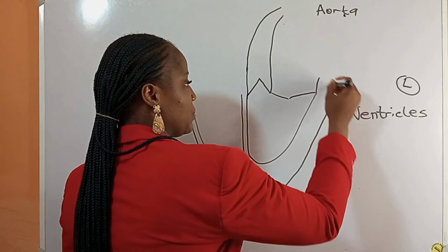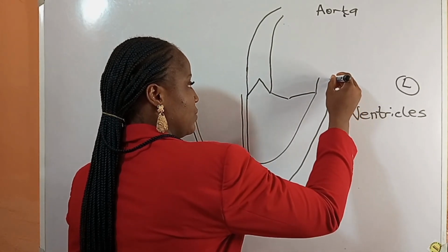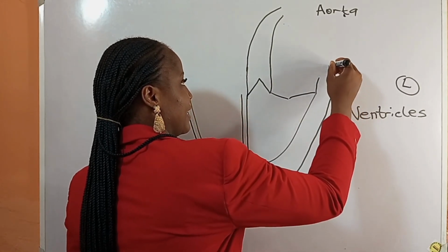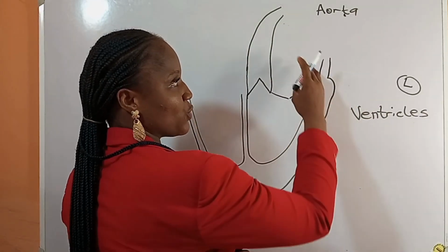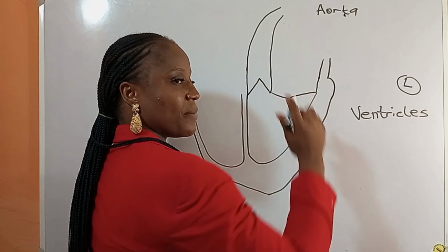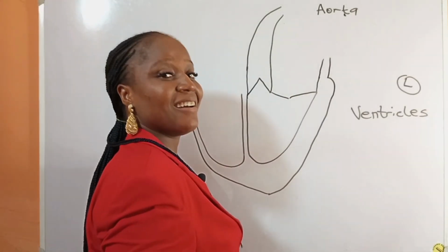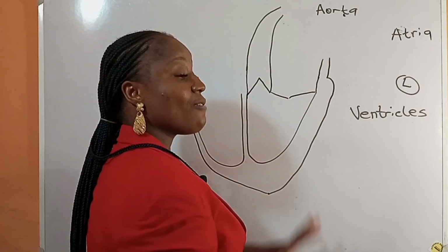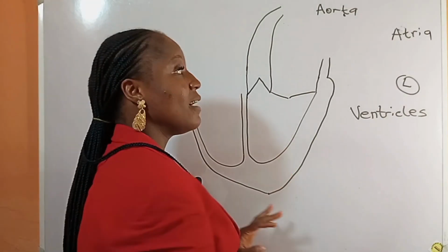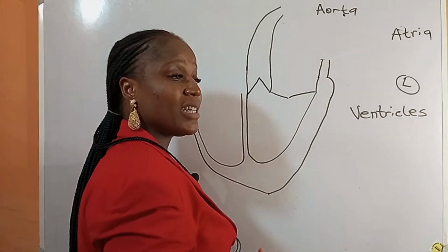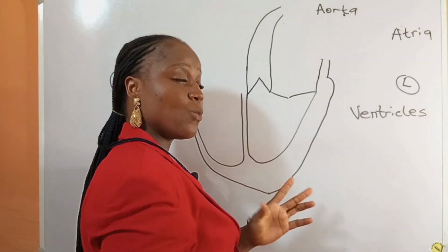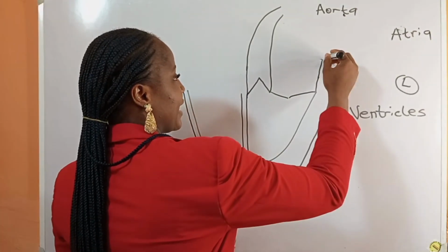So we go like this, and as you can see, we are beginning to form another top chamber of the heart, which is known as the atria. There are four large veins that drain into the left atrium, but we usually indicate only two when we are drawing.